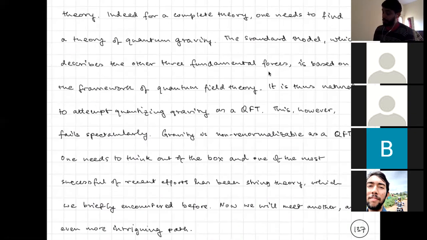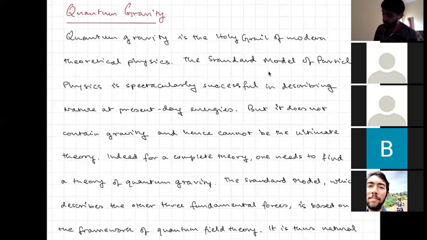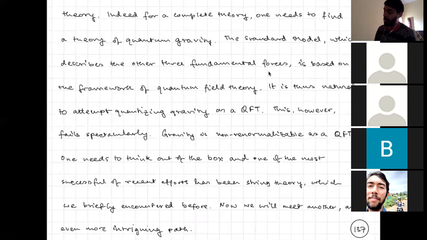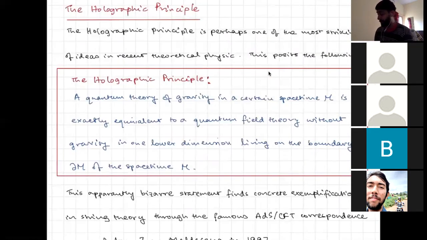All right. So that's where we are at. So again, let me just briefly say what we want to do. So what is holography, or the holographic principle? The holographic principle is perhaps one of the most striking ideas in modern theoretical physics.